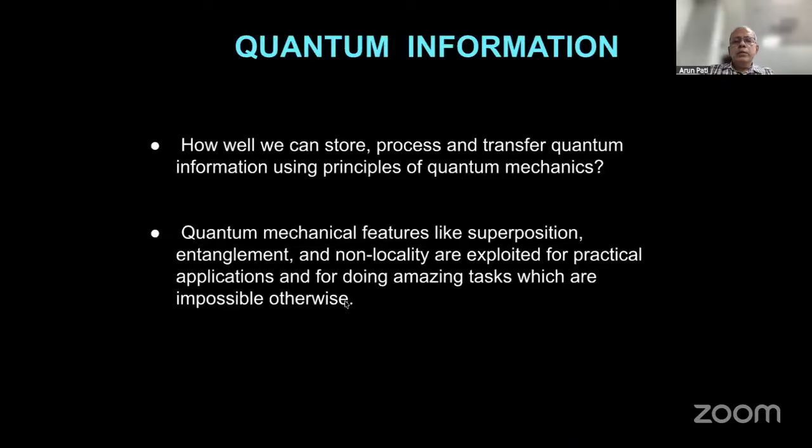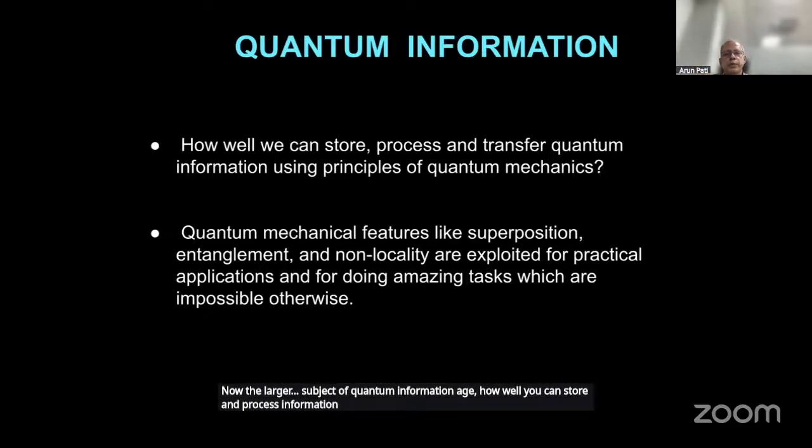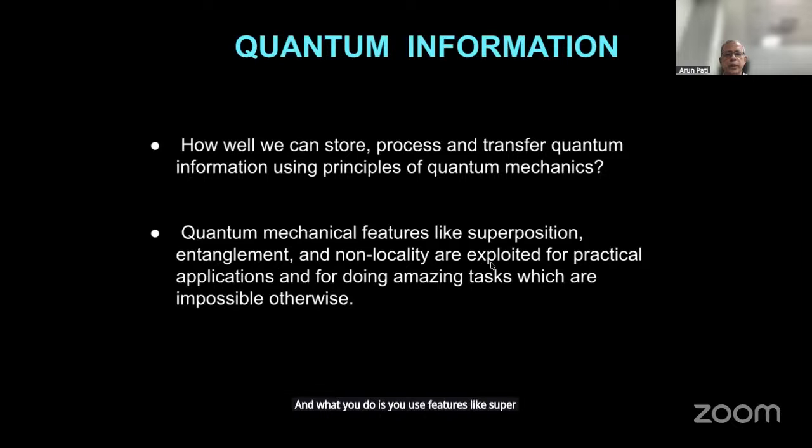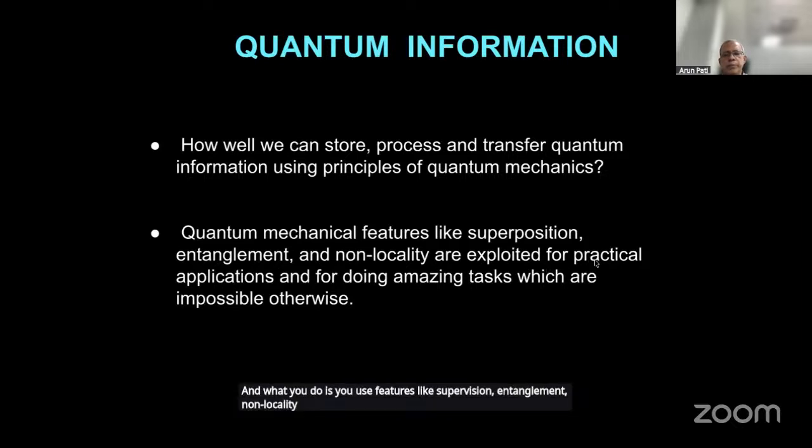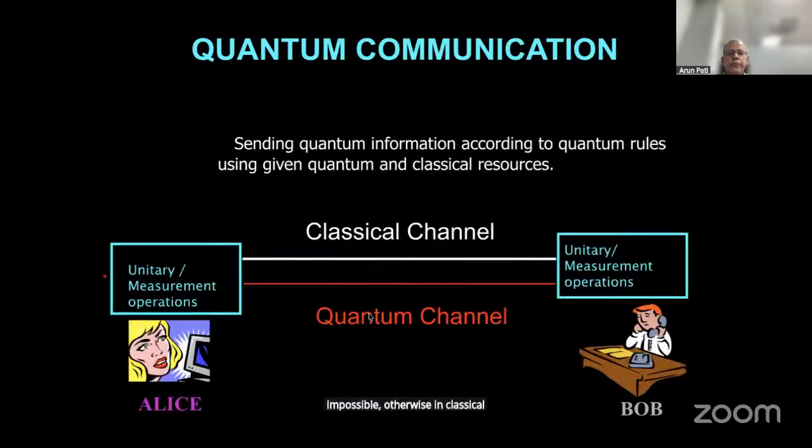Now, the larger subject of quantum information is how well you can store, process, and transfer information using the principles of quantum mechanics. You use features like superposition, entanglement, and non-locality. You can exploit these features for particular applications or for tasks which are impossible otherwise in the classical world.